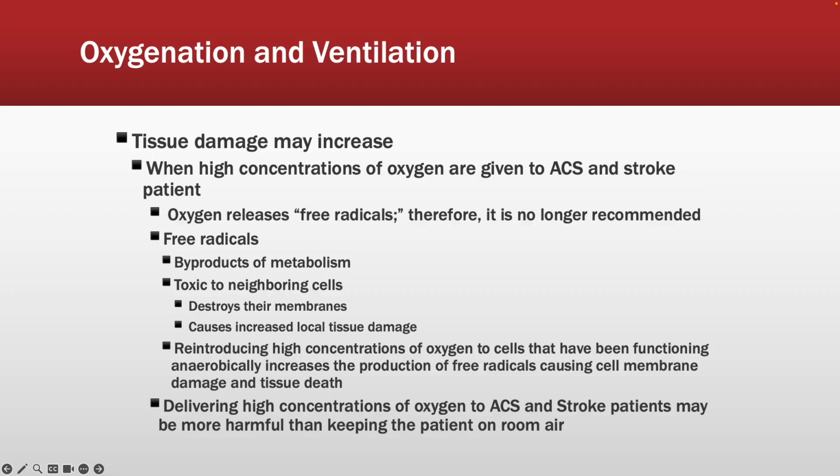So it switches to anaerobic, which increases the production of free radicals, causing cell membrane damage and tissue death. So delivering high concentrations of oxygen in acute coronary syndrome and stroke patients may be more harmful than keeping the patient on room air. For these reasons, we're no longer shooting for 100%. No one's getting the high flow O2 at 15 liters a minute non-rebreather. We're going to start them out with 2 liters nasal cannula.